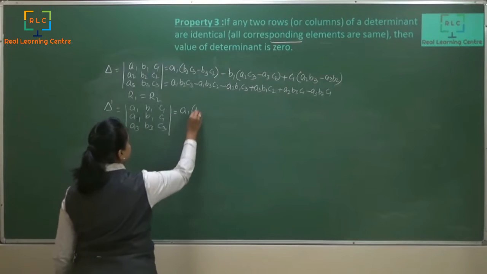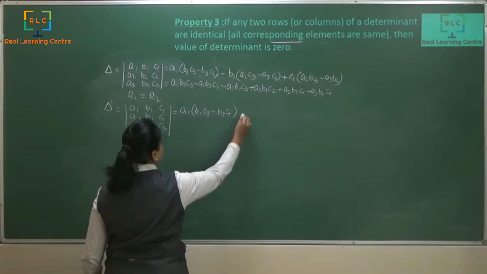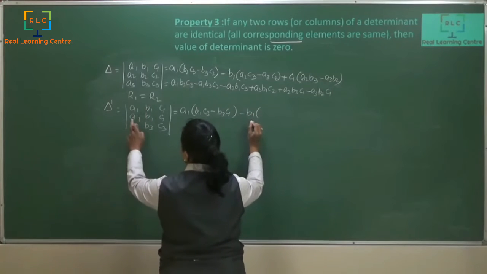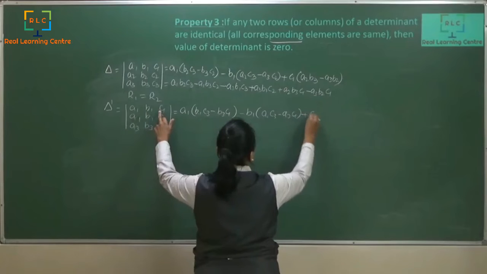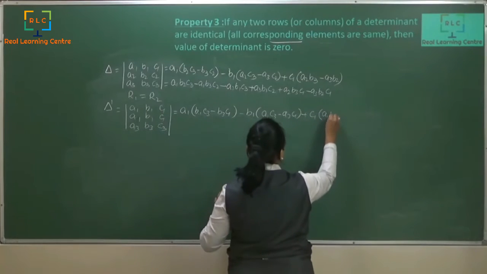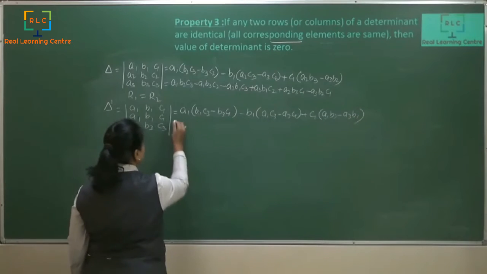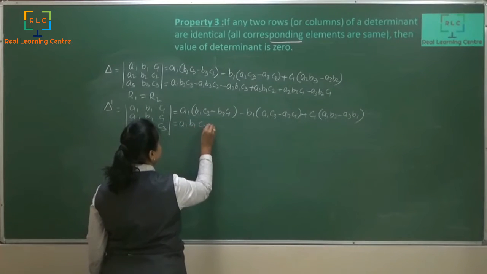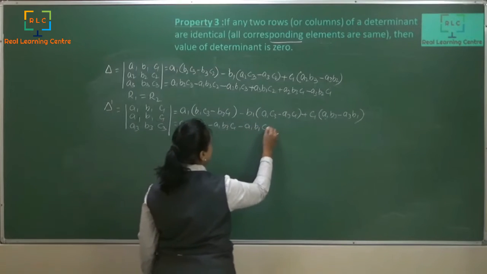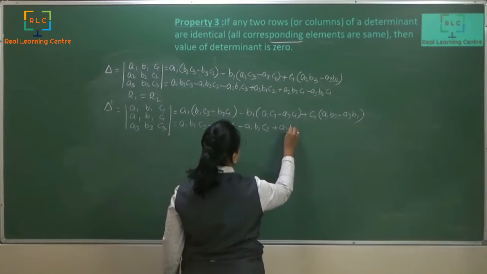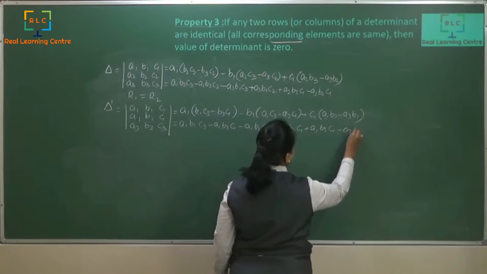A1 into B1 C3 minus B3 C1, minus B1 into A1 C3 minus A3 C1, plus C1 into A1 B3 minus A3 B1. I shall multiply inside. This is equal to A1 B1 C3 minus A1 B3 C1 minus A1 B1 C3 plus A3 B1 C1 plus A1 B3 C1 minus A3 B1 C1.